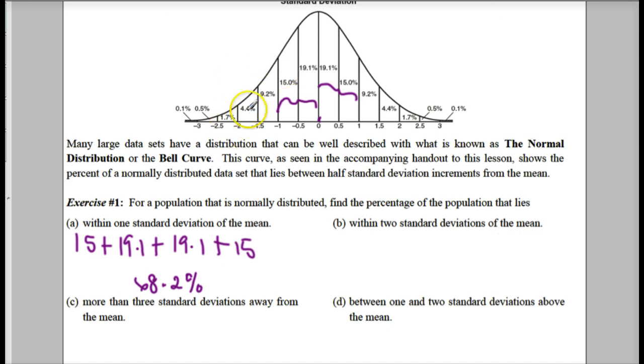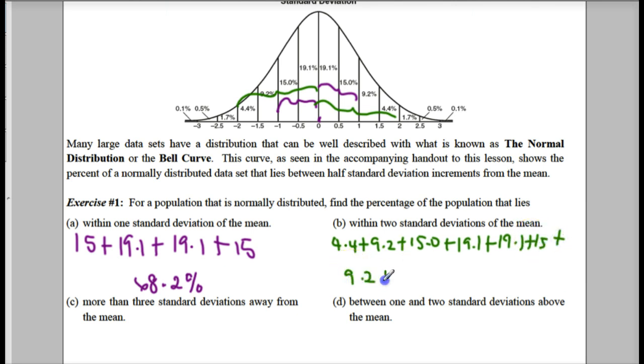Now, what if it says within 2 standard deviations of the mean? So for 2 standard deviations, I'm looking at -2, so it's from -2 to 0, and then above is from 0 to 2. I will go ahead and add all of that: 4.4 plus 9.2 plus 15.0 plus 19.1 plus 19.1 plus 15 plus 9.2 plus 4.4.